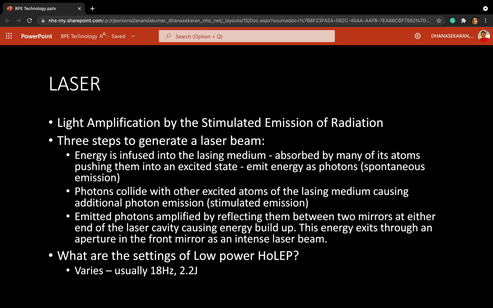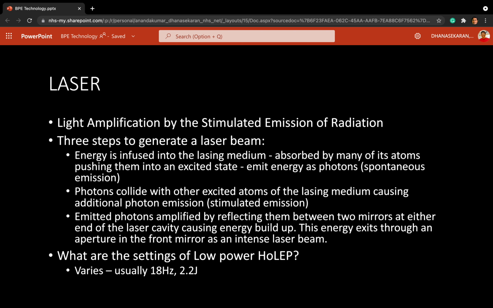This is generated through a series of processes. First of all, pumping occurs where a light source, a flash lamp, is used to generate energy. This is applied to a lasing medium, which is a laser crystal and compound. Next, spontaneous emission occurs where an atom within the crystal is excited.